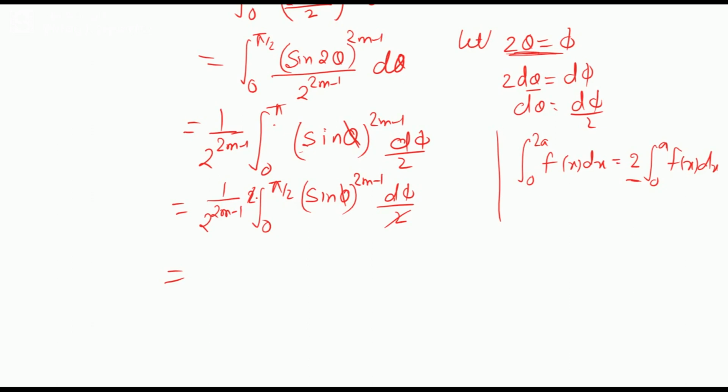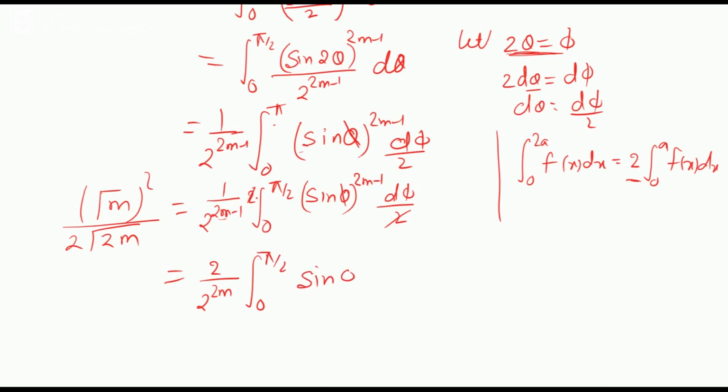Now on the left hand side we have gamma m whole square upon 2 gamma 2m. Now that's 2 raised to power 2m minus 1, we can write 2 upon 2 raised to power 2m, the integral from 0 to pi by 2 of sine phi raised to power 2m minus 1 d phi.